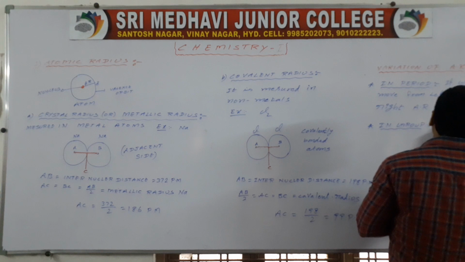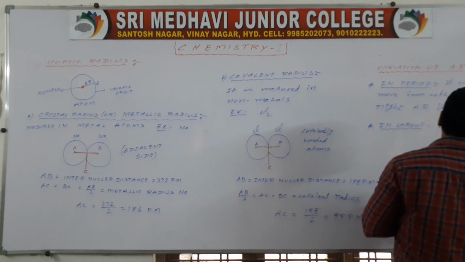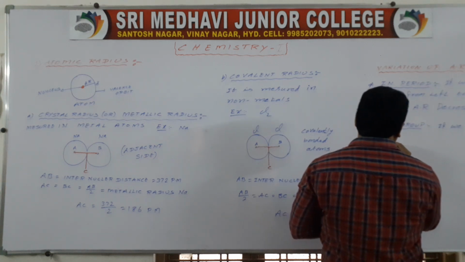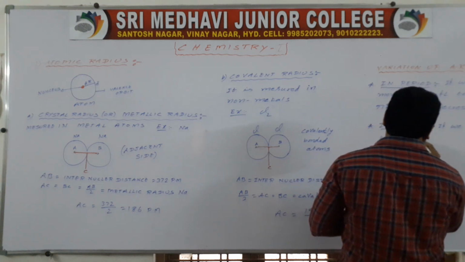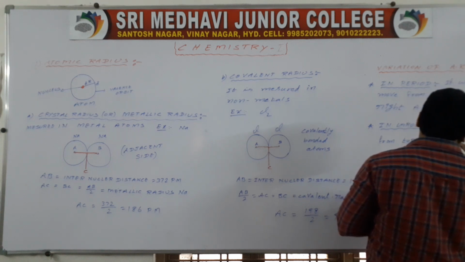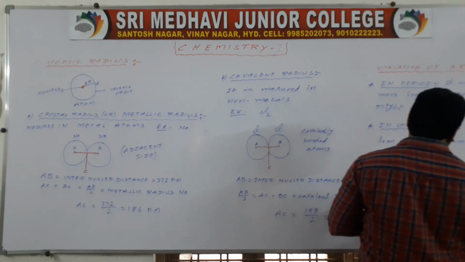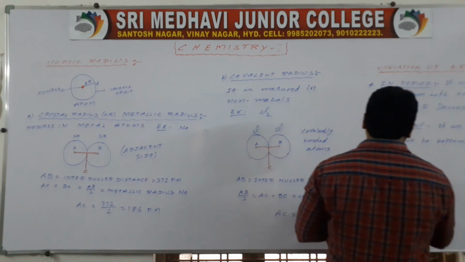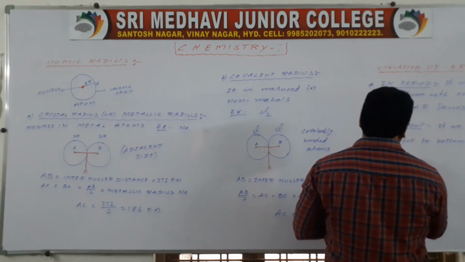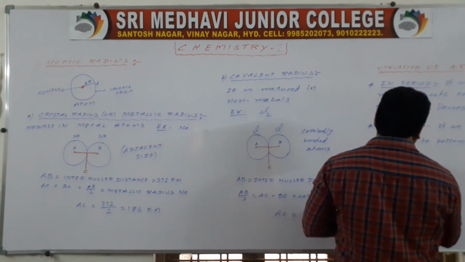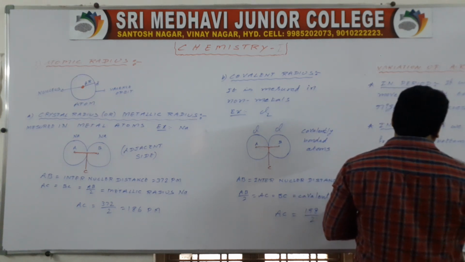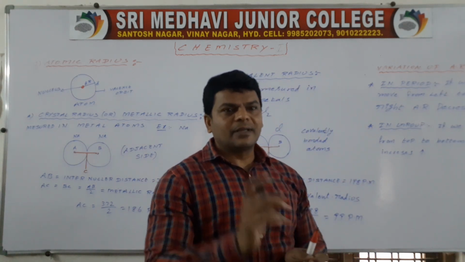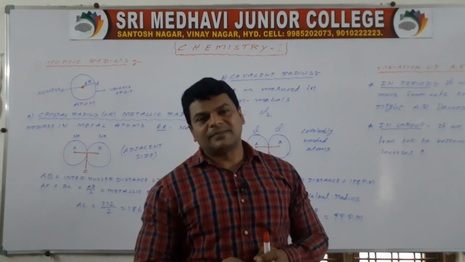If we move from top to bottom, atomic radius increases, because electrons enter different subshells.